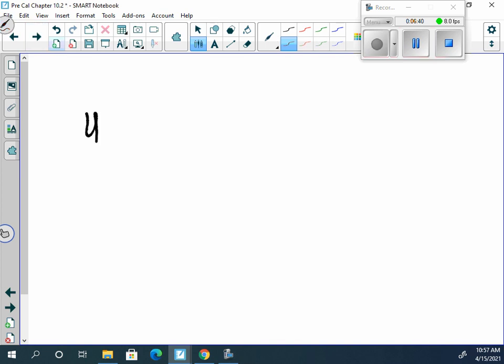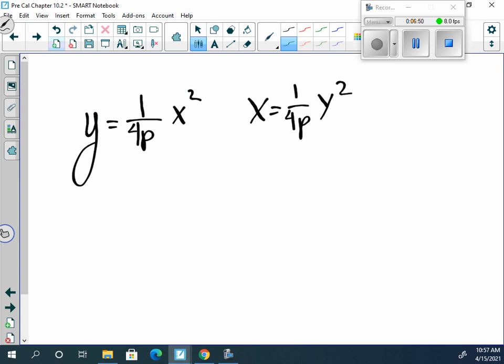Well, we dealt with it more in the form of y is equal to 1 over 4p x squared, or x is equal to 1 over 4p y squared in the general sense, when the vertex was at 0, 0.